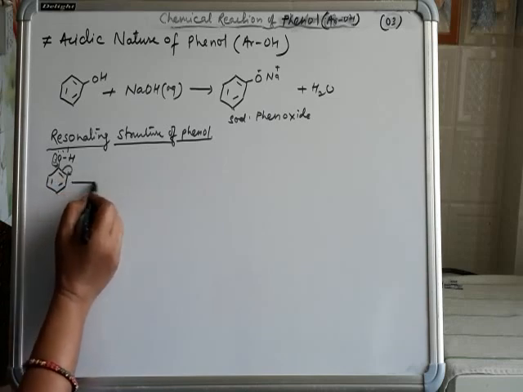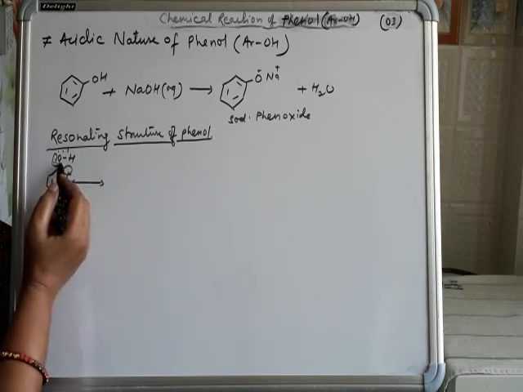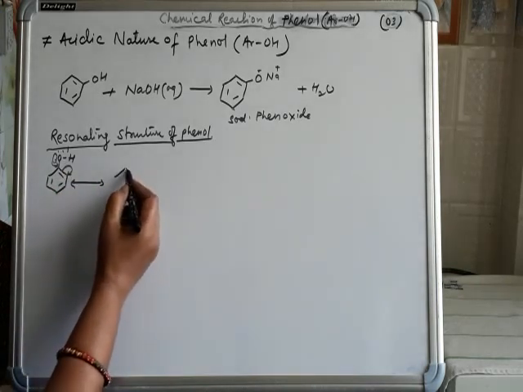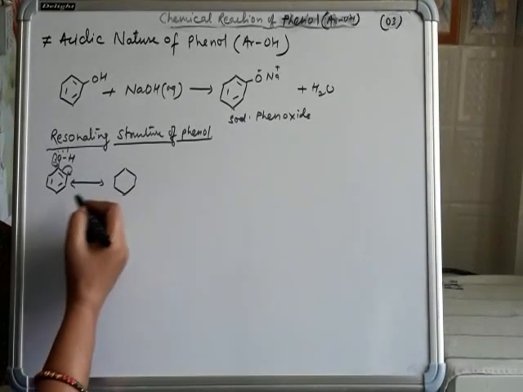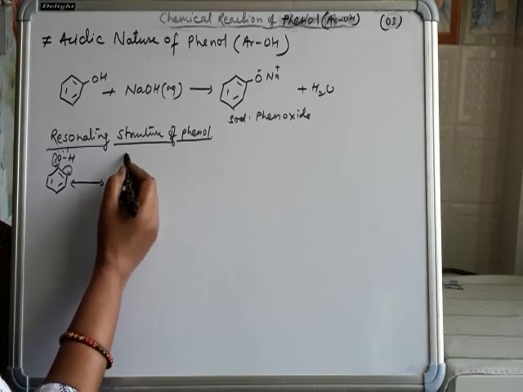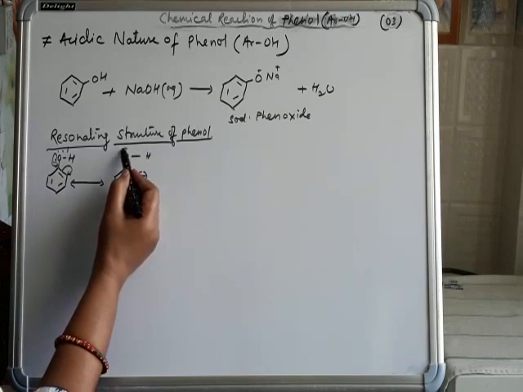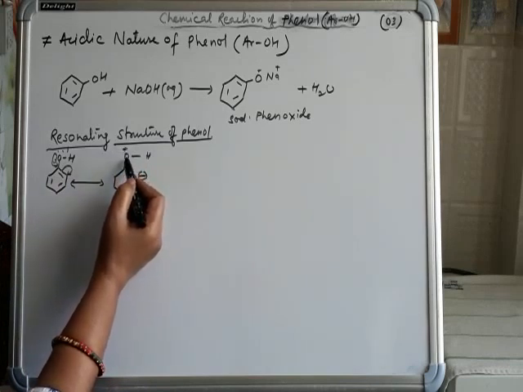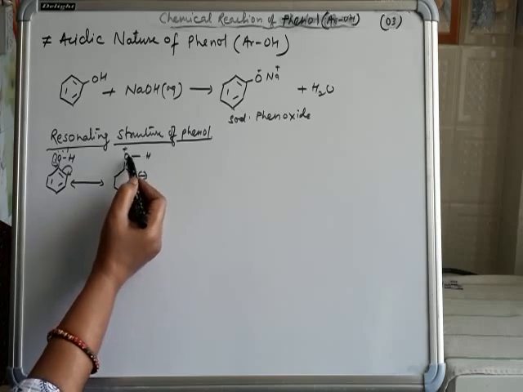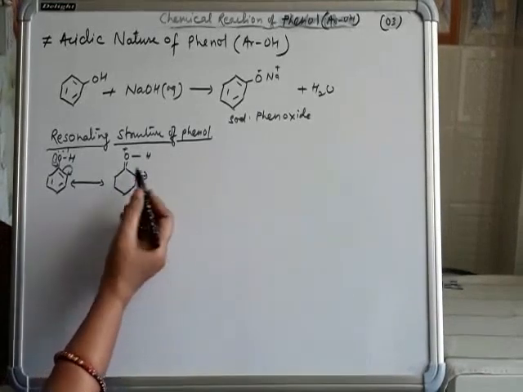With respect to the functional group, this position is known as the ortho position. At the ortho position, negative charge appears. Here there will be a double bond and oxygen acquires positive charge. When positive charge appears on the oxygen, it pulls the bond formed between oxygen and hydrogen towards itself, and release of hydrogen takes place easily.